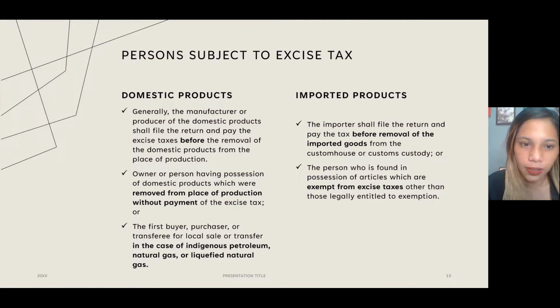So when the buyer or the purchaser purchases the indigenous petroleum, natural gas, or liquefied natural gas, he or she is subject to excise tax.